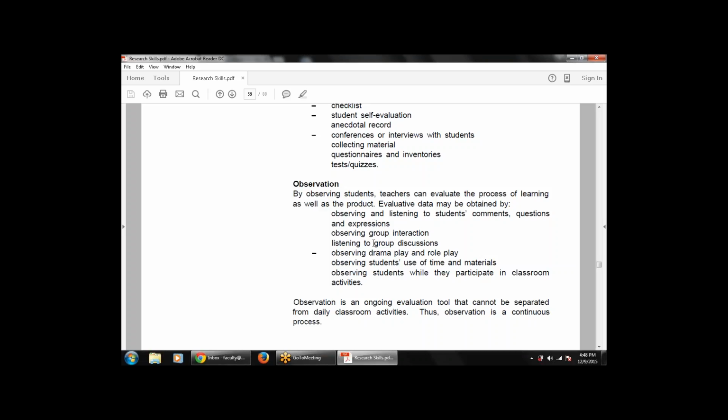Then observing the group interaction, that is how the student interacts in the group. Then listening to the group discussions. This is all about observation: you observe whether the student is doing well.